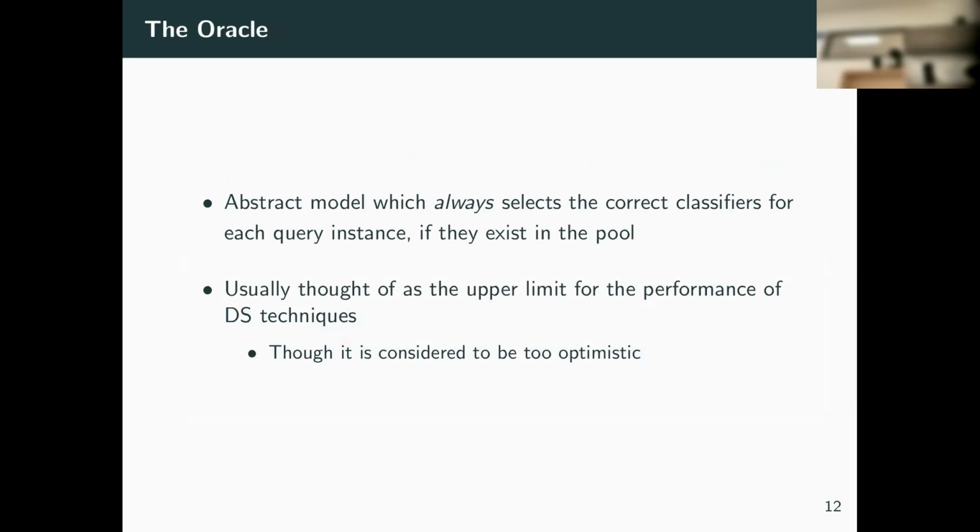So if you have a query instance, the oracle would know exactly which classifier would correctly label that instance, if that classifier exists in the pool. This is usually thought of as the upper limit in performance for dynamic selection techniques, though some recent works have shown that this can be very optimistic. For instance, because if the sample is a noise, the oracle would know exactly which classifier would label that noise, but that's not very relevant for us.